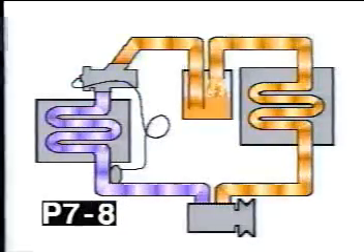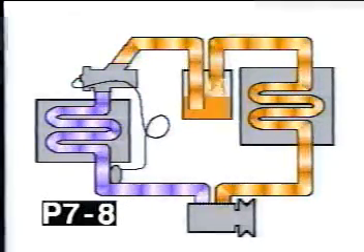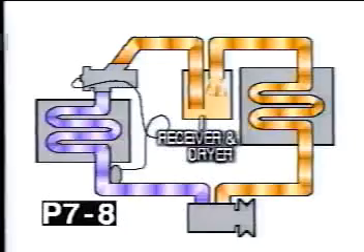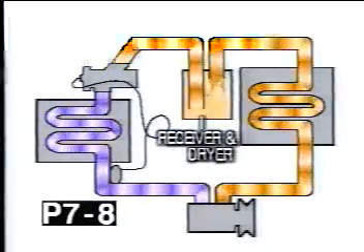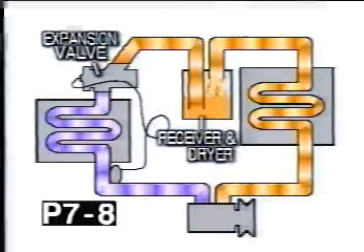An actual car air conditioning system consists of these three components plus the receiver and dryer unit and the expansion valve.